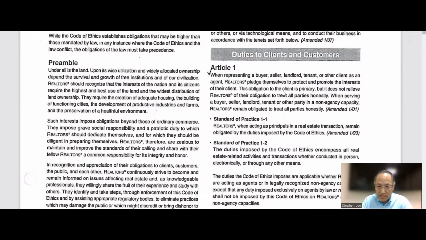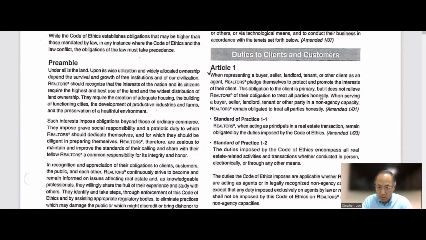Okay, this obligation to the client is primary. Of course our obligation to the client is primary, but it does not relieve realtors of the obligation to treat all parties honestly. Probably you have heard this expression a lot also. To treat all parties honestly.